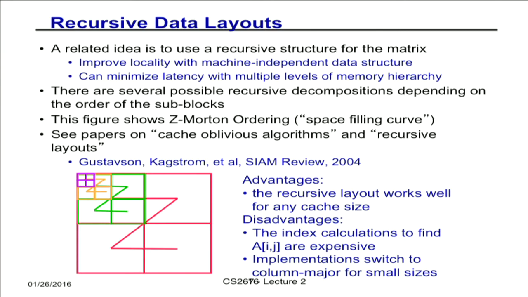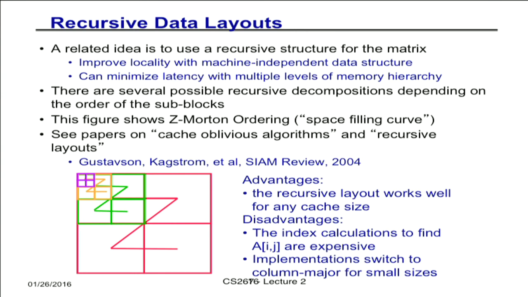What I'm showing here is an example of a Z-Morton ordering, and that's because it looks like a Z. So what does this mean? I think of my matrix as being recursively laid out in memory. The elements in order are this one, this one, this one, and then that one. That may be a huge matrix, but if I'm writing a recursive algorithm and I pick up the upper left block, it'll be relatively close together with nothing else from the rest of the matrix mixed into it.